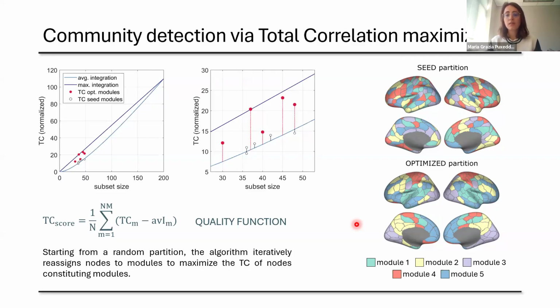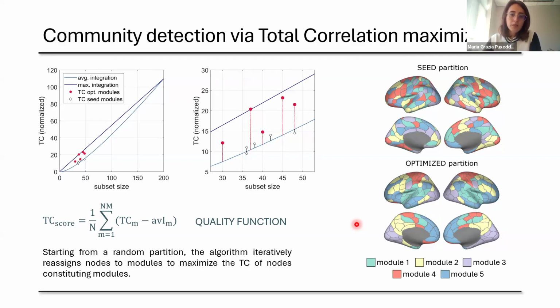They're also symmetrical with respect to hemispheres, and this is also something that we like because we expect this kind of symmetry across hemispheres. So just by visual inspection, we were pretty happy with the algorithm. However, we wanted to see how it compares with state-of-the-art methods and what insights it brings that we didn't have before.